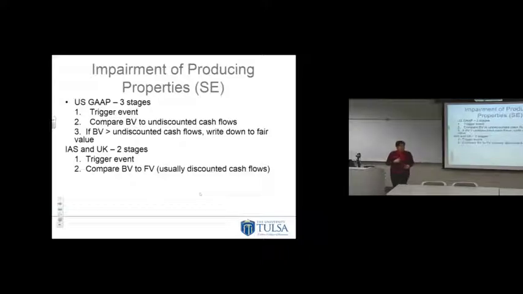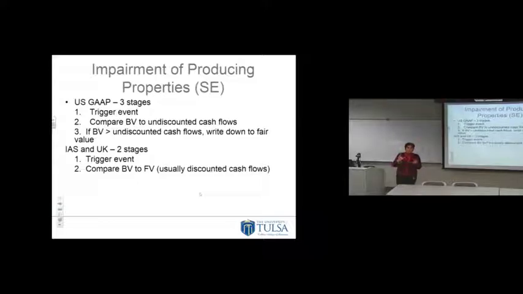We didn't use these rules for unproved property because unproved property, they're not cash generating, and we don't know if they're ever going to generate cash because they're unproved. We have no tangible reserves there. We have no proved reserves. We don't know if we're ever going to get cash from that. So we say unproved property is not a cash generating unit, and therefore we have separate rules for unproved property.